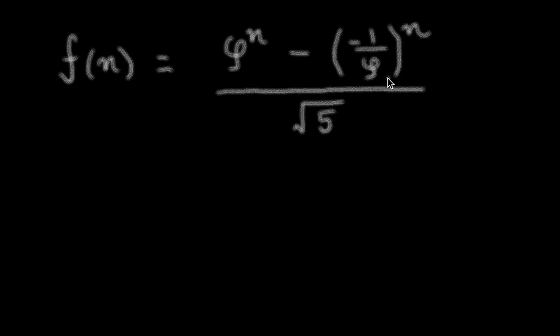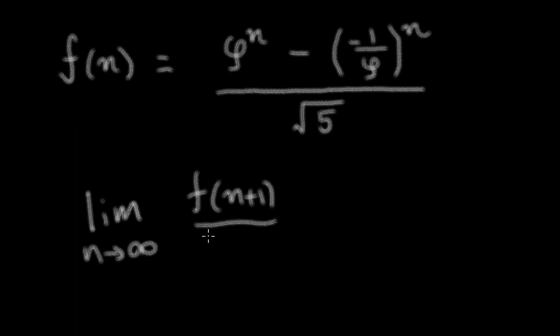One of the coolest that I really like is that if you take the limit of subsequent Fibonacci numbers, something like f of n plus 1 over f of n, you can deduce, just by taking the quotient and the limit with all your favorite calculus techniques, that the limit of this quotient is equal to phi.